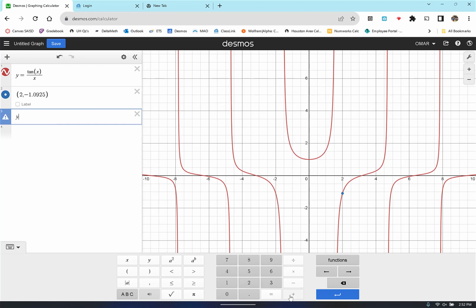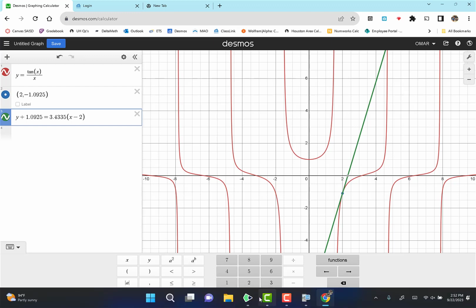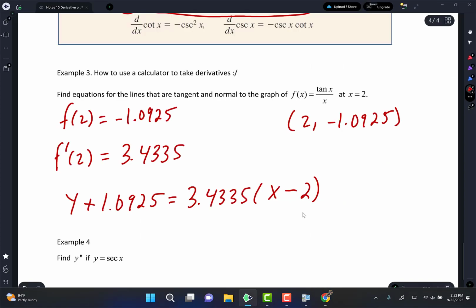Y plus 1.0925 equals 3.4335 x minus 2. And look at that beautiful graph. That's crazy. Cool or not cool, guys? Do you see the tangent line? Okay, I'm glad you see the tangent.